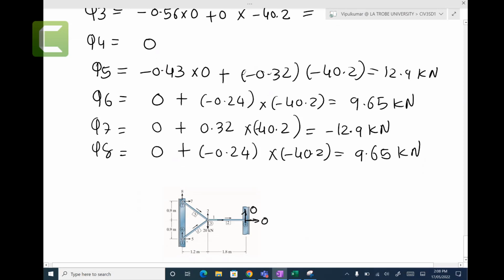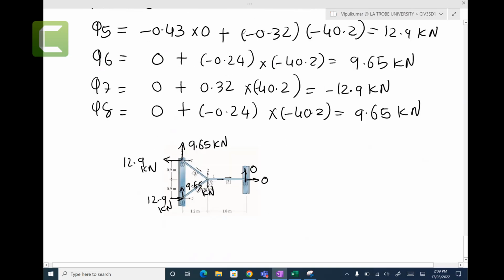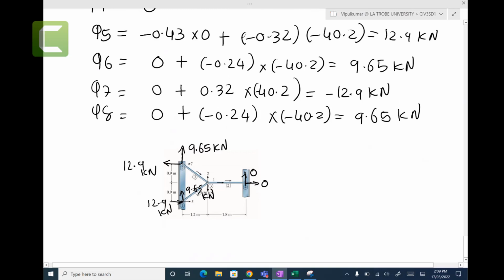Q5 is 12.9, so you have a reaction force here which is 12.9 kilonewtons. Q6 reaction force is 9.65 kilonewtons going up. Q7 is going the opposite way, 12.9 kilonewtons, and this one going up is 9.65 kilonewtons. So that's how you put all the reaction forces into the diagram.